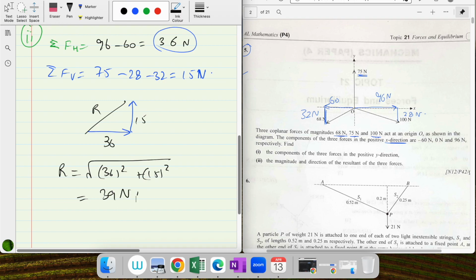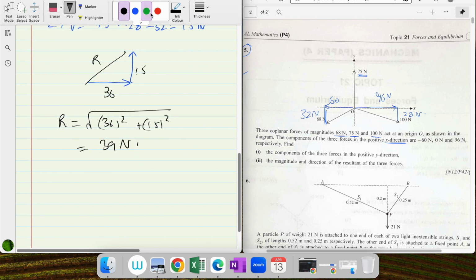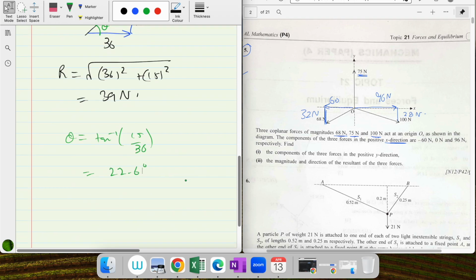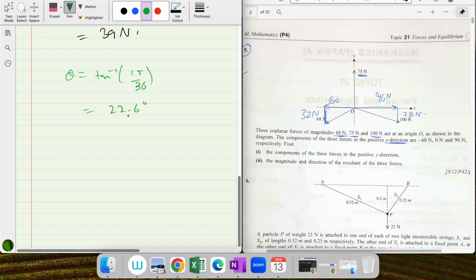Now 39 is the resultant, and what is the direction? If we talk about this angle, theta equals tan inverse of y over x, and I'm getting 22.6.